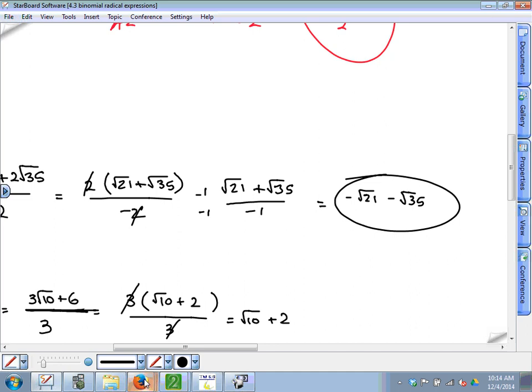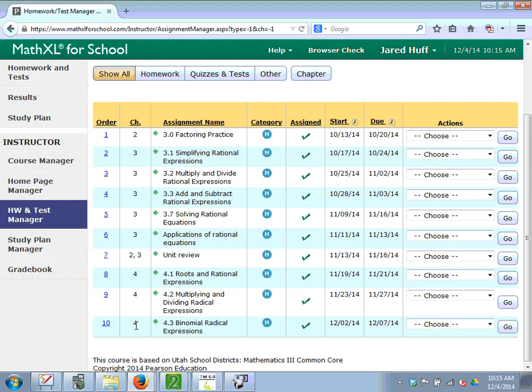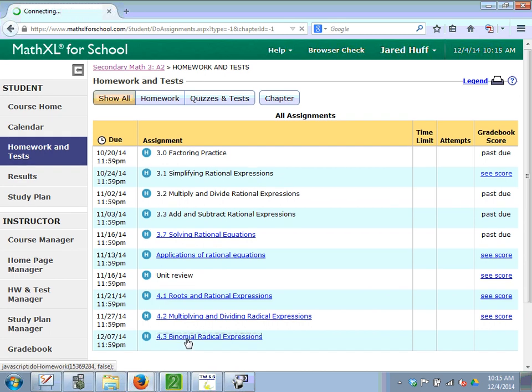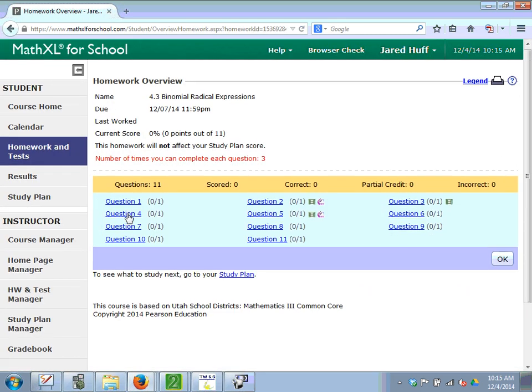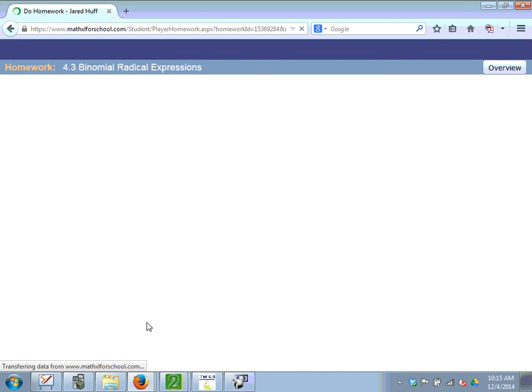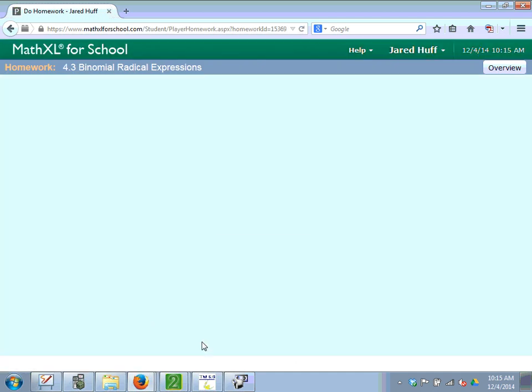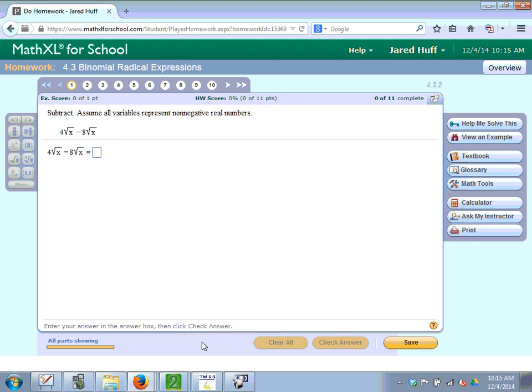Okay? Let me just show you real quick what your homework's going to look like, or what some of your homework looks like for 4 and 3. So you can realize just how easy it is, and you think, why didn't I start this sooner? Dang, this is easy. Like this one here. 4 root x minus 8 root x.